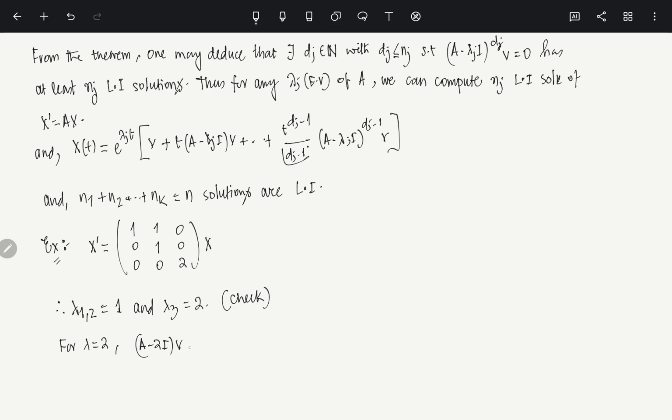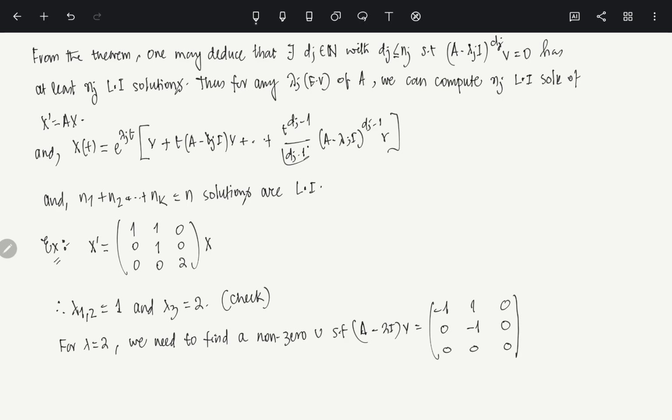So we need to find a non-zero v such that (A minus 2I) times v equals 0, which if you calculate, is the matrix [-1 0 0; 1 -1 0; 0 0 0] times (v1, v2, v3) equals (0, 0, 0).